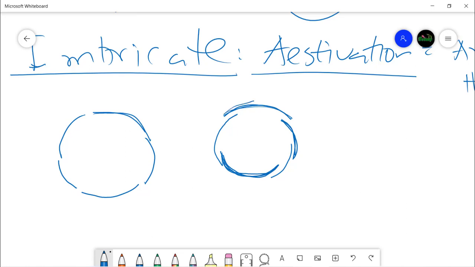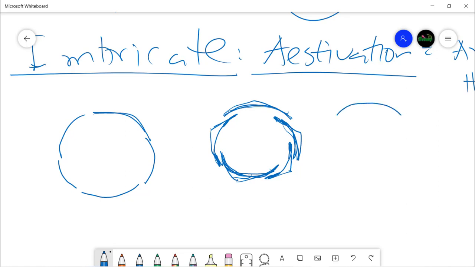It is overlapping this one and this one. The rest of the three, as you can see, have one margin being overlapped and the other overlapping. The same is with the third one. This margin is being overlapped and the other one is overlapping. So this is how they are arranged in the bud condition, what is known as imbricate estivation.